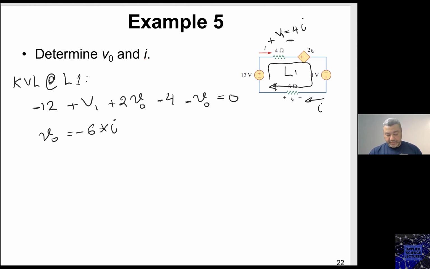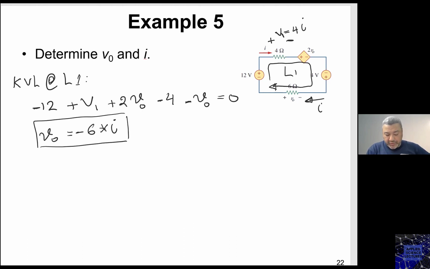Notice that the current is entering this terminal from the negative side. So V naught is minus I times 6, or minus 6 times I. This is the relationship that we found for the controlling parameter.